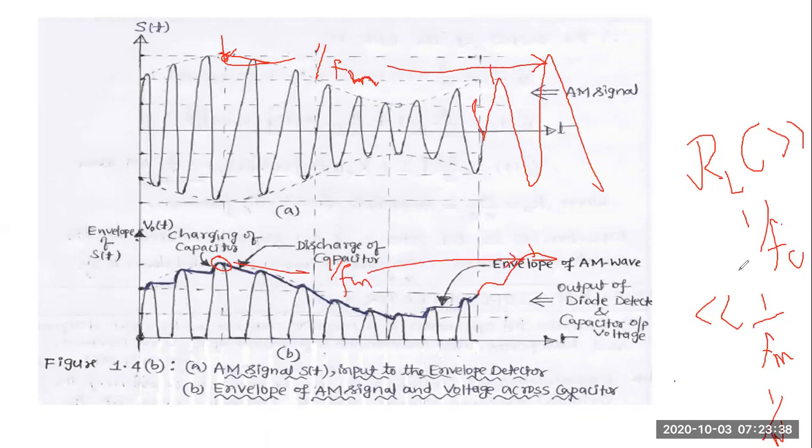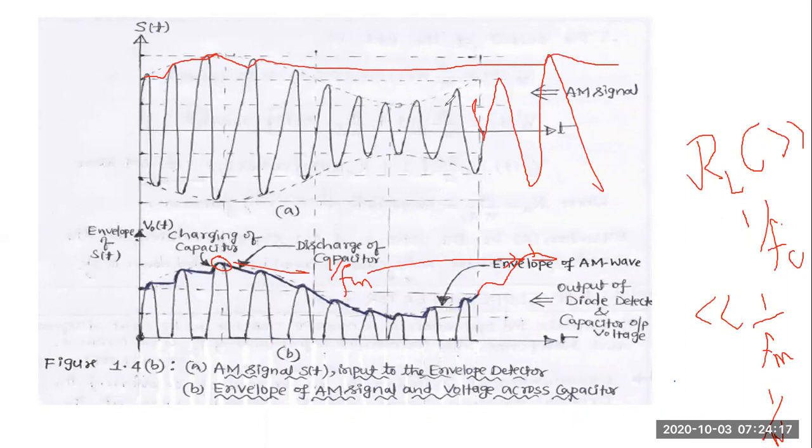So why do you want it to be less than 1 by Fm? Otherwise, what do you think would happen? Once this capacitor reaches this peak, from here it may start discharging so slowly that it will only track the next peak in the message.